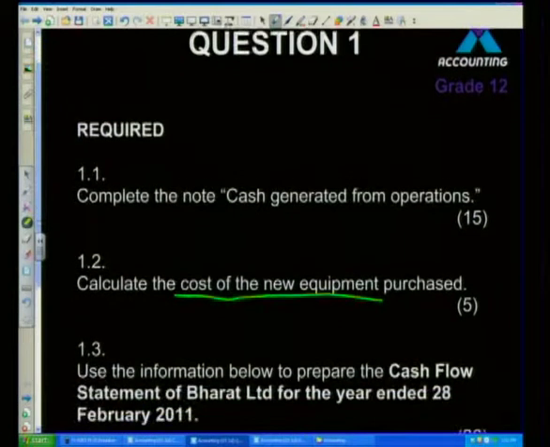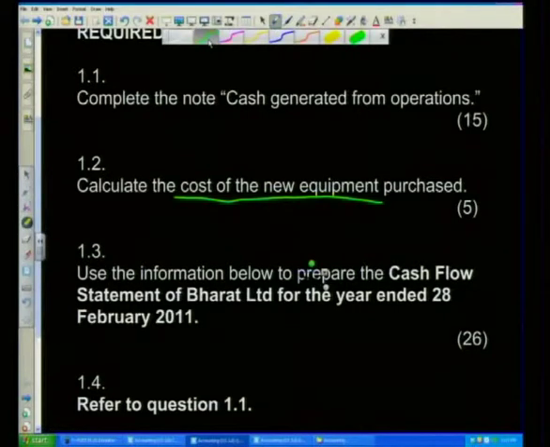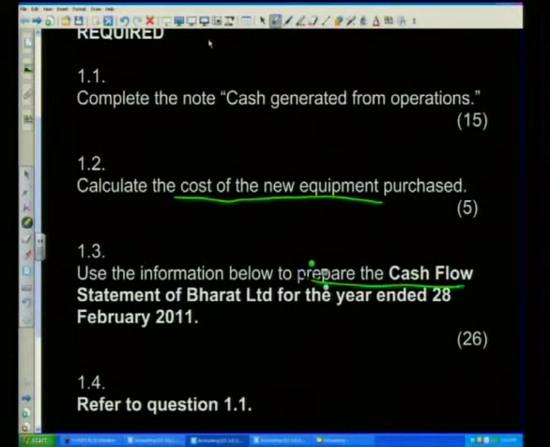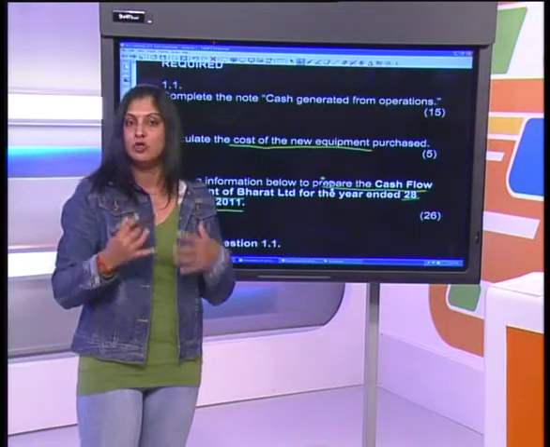Next question, 1.3. Use the information below to prepare the cash flow statement for the year ended 28th Feb 2011. Now guys, when we go to the answer sheet, you're going to notice that the cash flow statement is already completed.